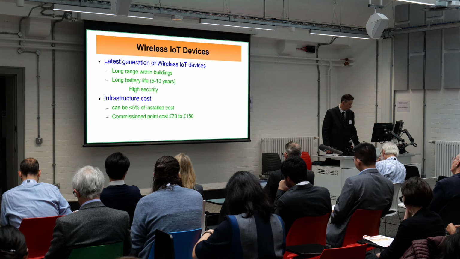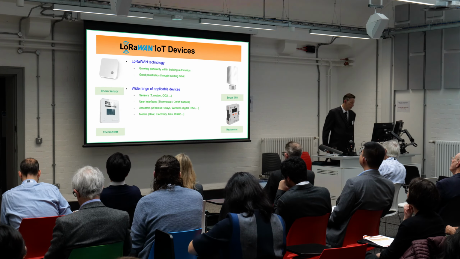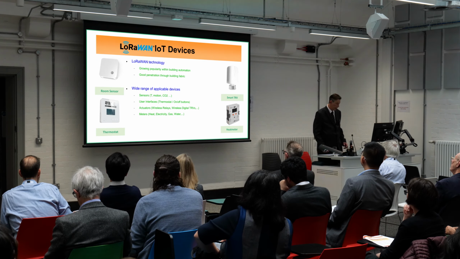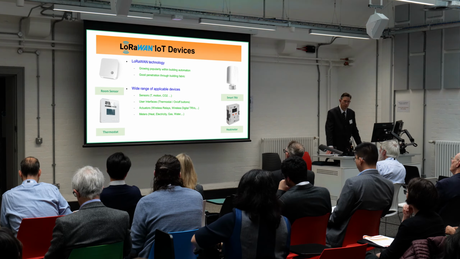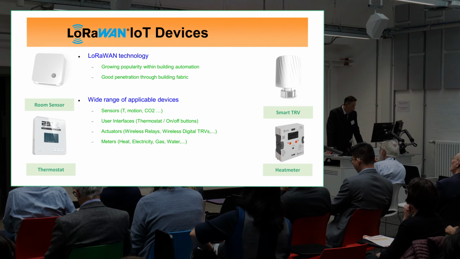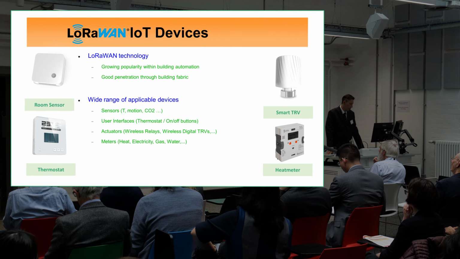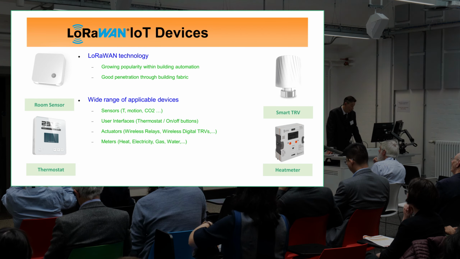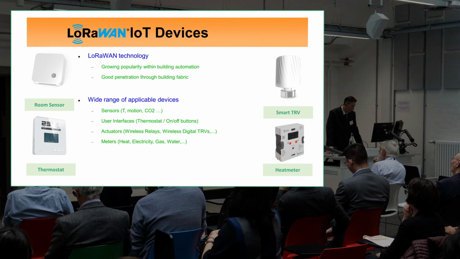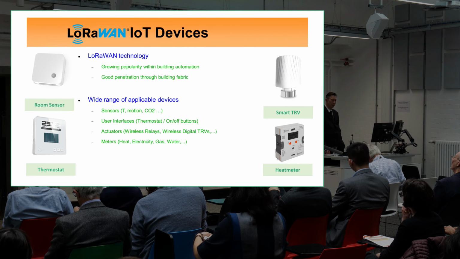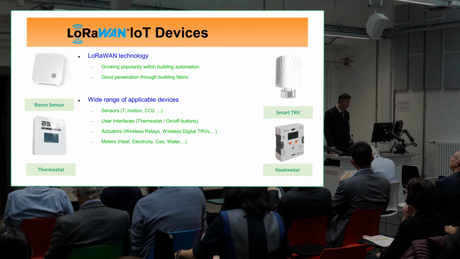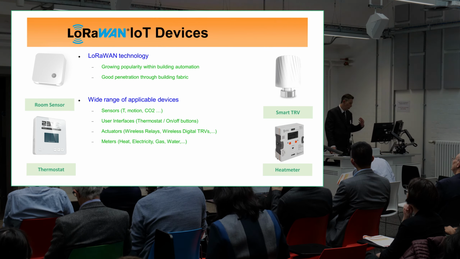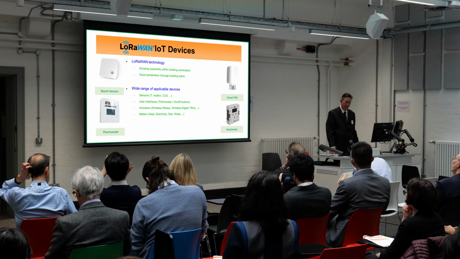which is obviously a lot better than £1,000 per point. So the technology we've selected for our applications is LoRaWAN, which some of you may have heard of, which demonstrates great penetration of buildings and long battery lives. But probably the most compelling feature is that there is a huge catalogue of products available at the moment, and it's growing rapidly, of all the types of devices we would want to use in BMS.